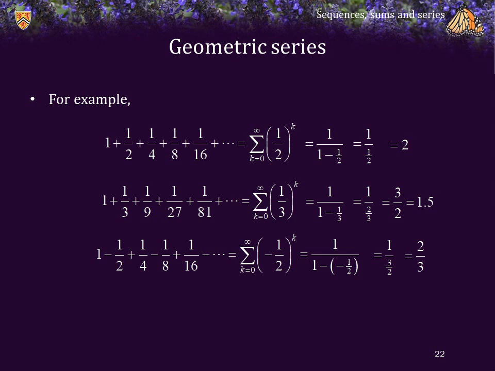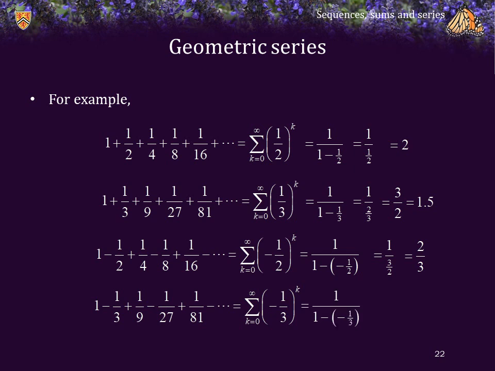Okay, that's smaller than either of the previous two sums. And here we have the common ratio being -1/3, so that is 1 over 1 minus -1/3, which is 1 over 4/3, which is 3/4.